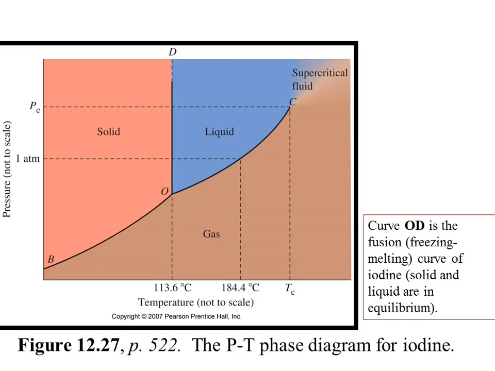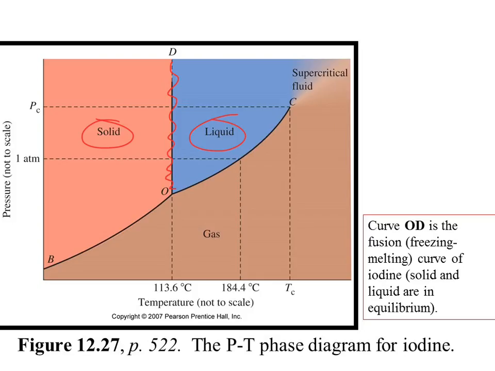Then find the last segment from the special point O out to D. Okay, so this would be between something being a solid or a liquid. Does that look kind of straight up and down to you, that line? Sometimes there's a little bit of slant, we call a positive slope. That's more likely, okay?